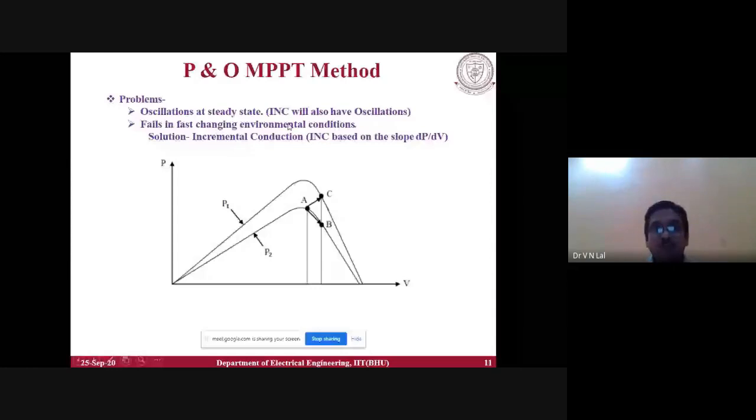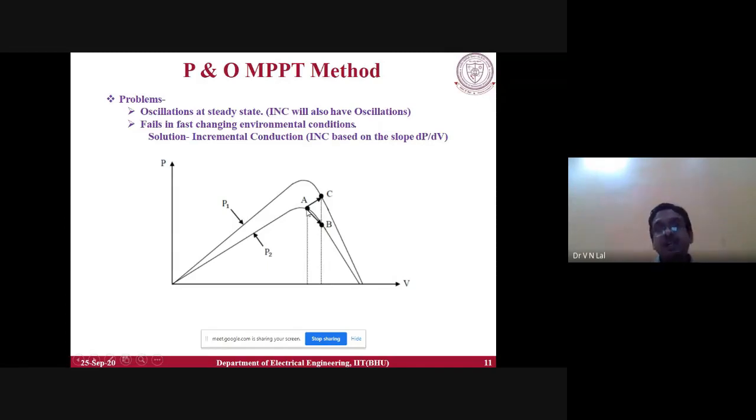Why will it fail? We can see here. Suppose this is the characteristic for some irradiance, and this is the maximum power point. Now suddenly the irradiance is increased, and we get the new characteristic, this one. Now the voltage is incremented.